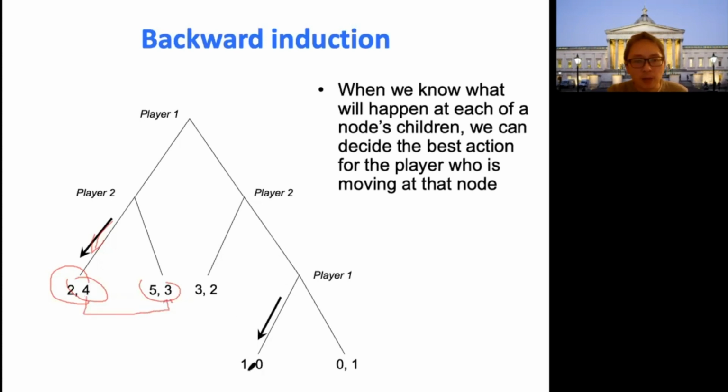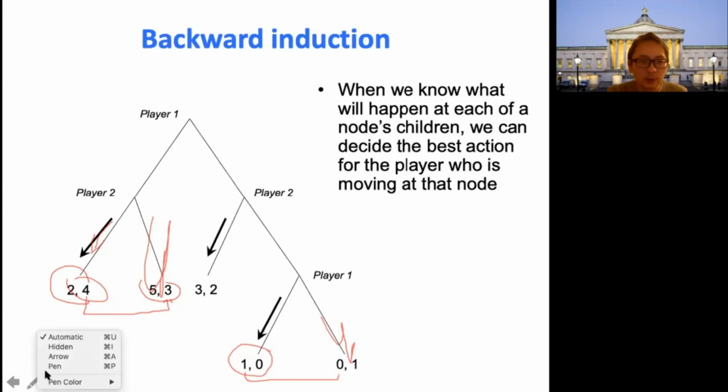From player one's perspective, 1 is always higher than this. Therefore, I'm always choosing this, and I'm going to get rid of this. So once you got that, based on this, I'm going to look at this. I'll compare these 2, from player 2's perspective, right?